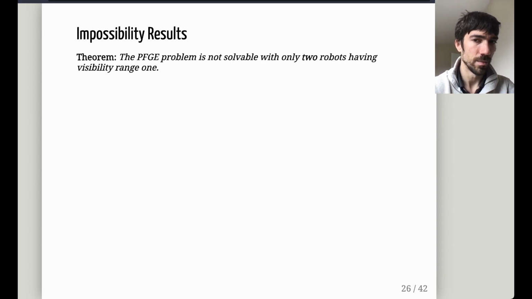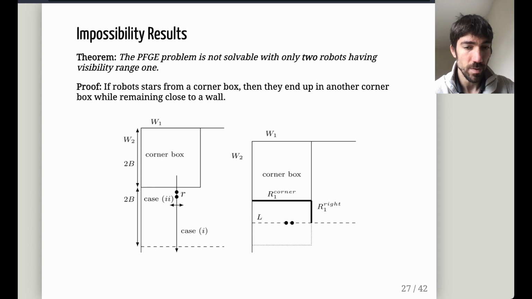And then to prove the theorem that says that the problem is not solvable with only 2 robots having visibility range 1, we assume that such an algorithm exists, and we can see that at some point the robots will end up in a corner box, which is a box at the corner of the grid. And when the robots move out of the box, 2 cases can happen.